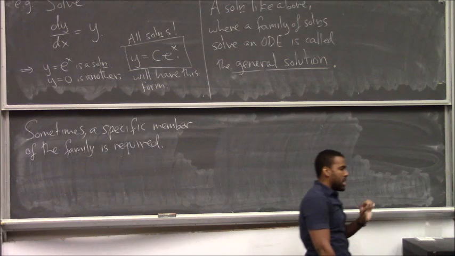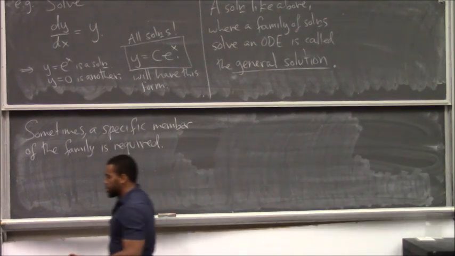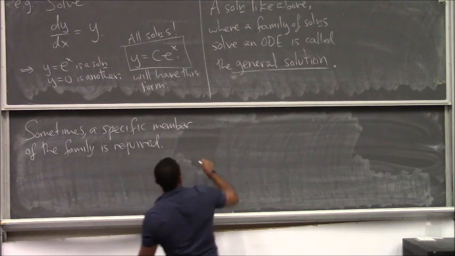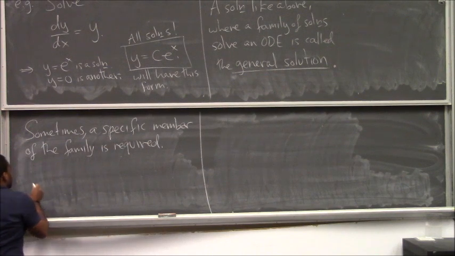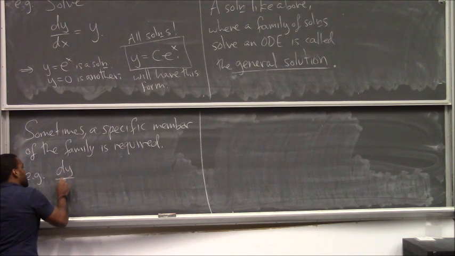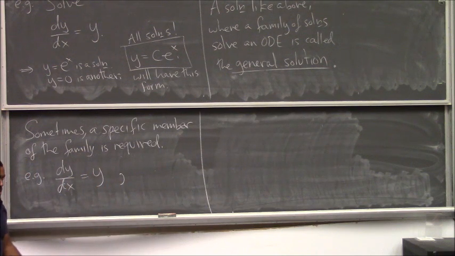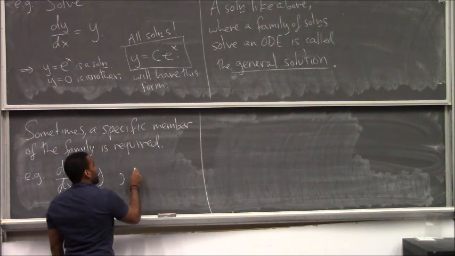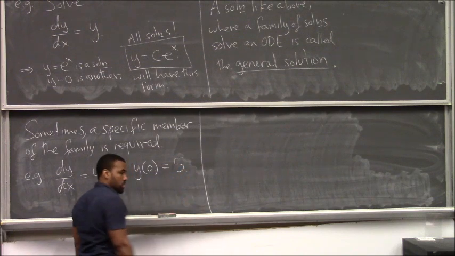So sometimes not only do you want to find a solution to a differential equation, you want to find a solution that behaves in a particular way. And how you would represent that is by someone telling you about values of the function. So for example, just to tweak this easy example, what if someone told you, okay, dy/dx is equal to y, and I require that if I plug in 0 into the function, 5 is the result.